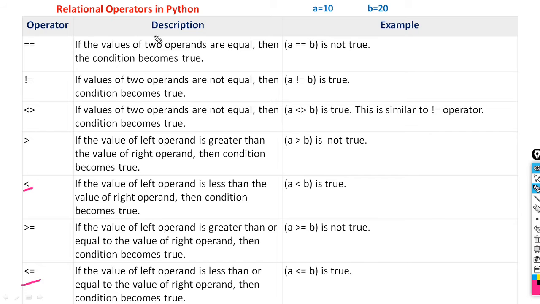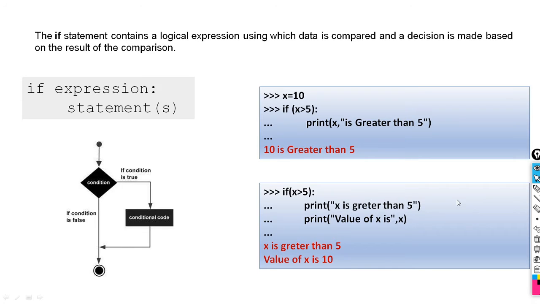So let's see how we can use these operators in actual scripting of Python. Let's see some examples. Here we can use the relational operators in an if statement. What is the use of if? If is the branching statement in Python.